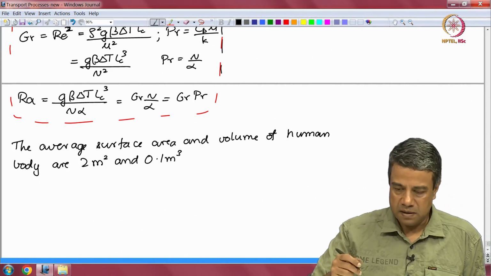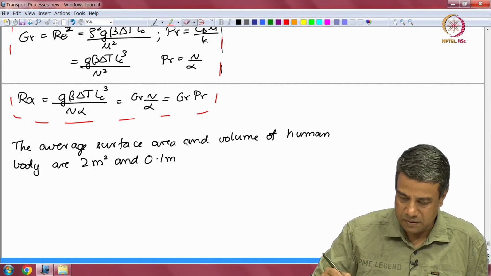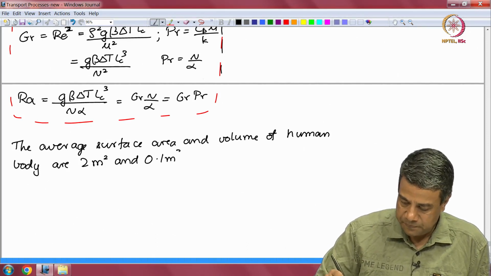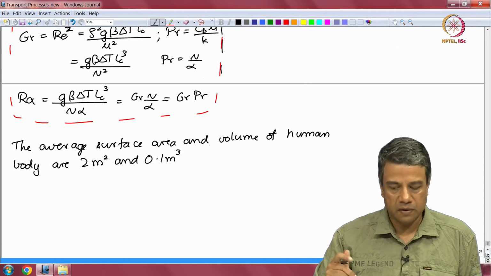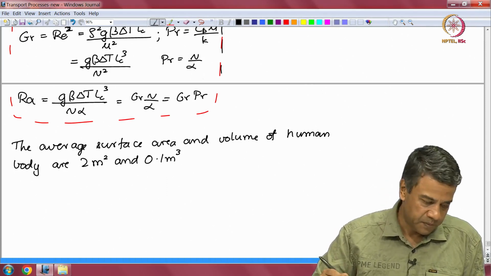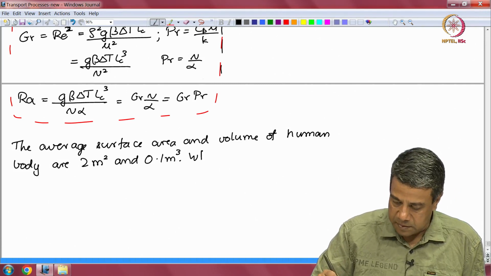These are approximate, as the body is highly non-spherical, as you well know. So, the surface area is about 2 meters square and the volume is about 0.1 meter cubed. What is the equivalent diameter?